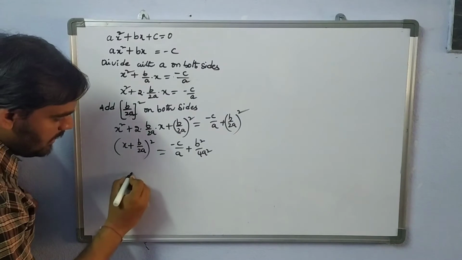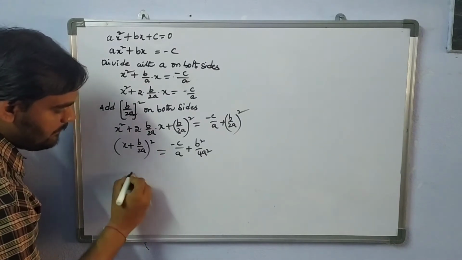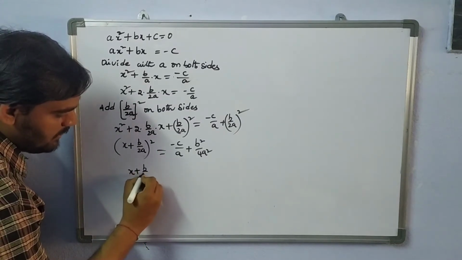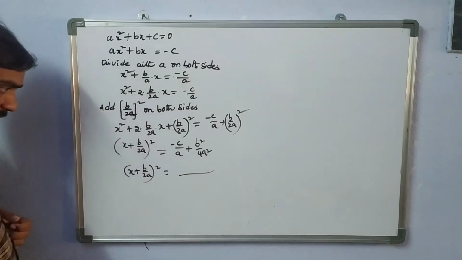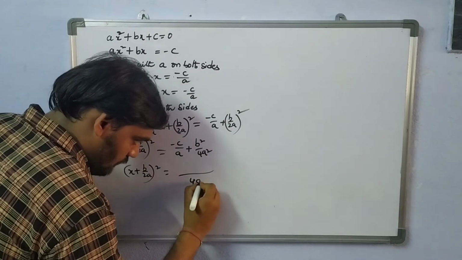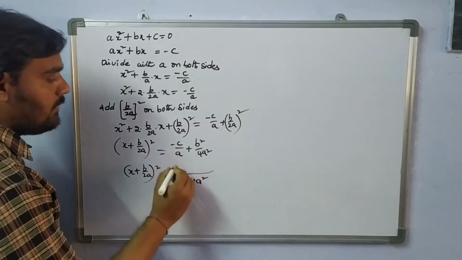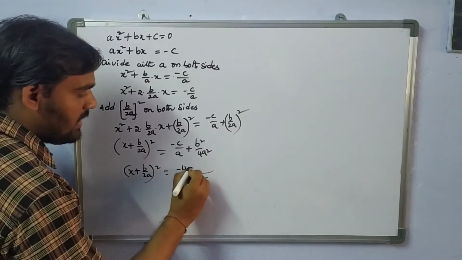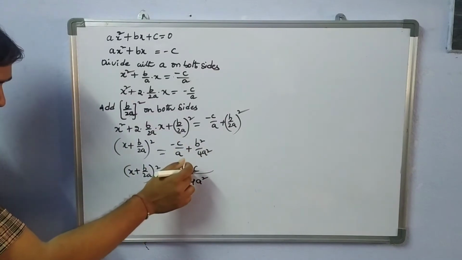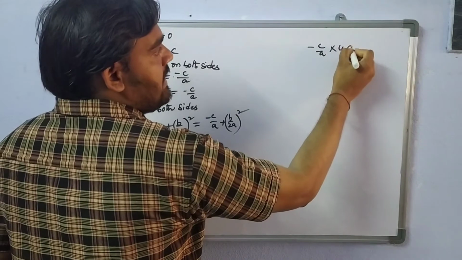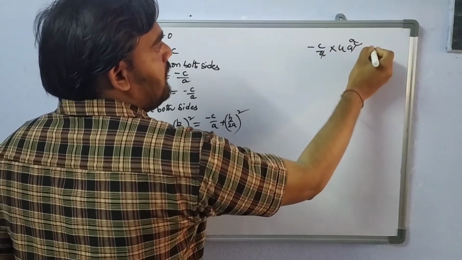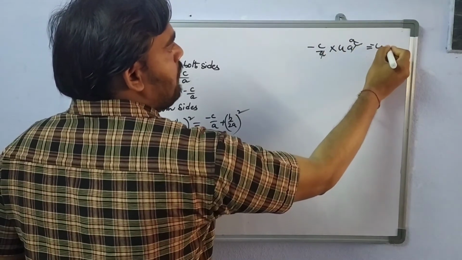After that, this can be written as x plus b by 2a whole square is equal to, take LCM here, that is 4a square. After that, here you will get minus 4ac. How could I get minus 4ac here? Minus c by a into 4a square, so here you will get minus 4ac.